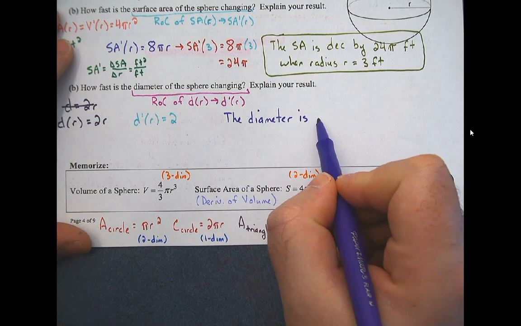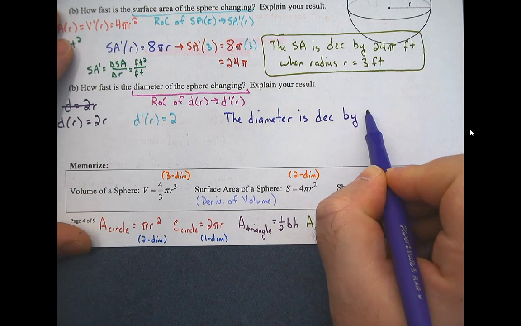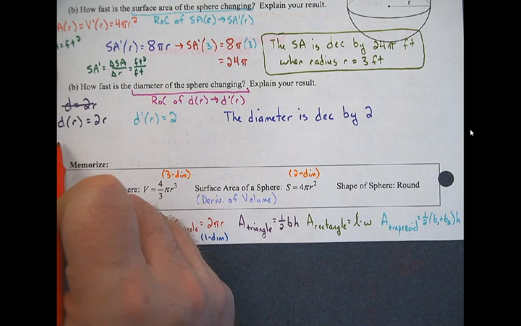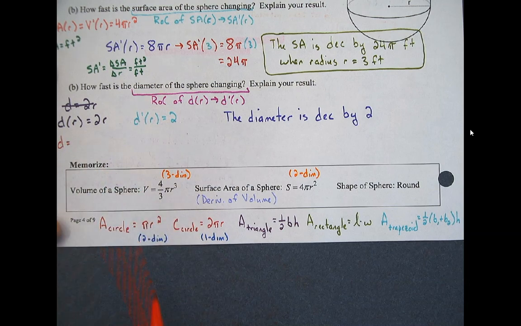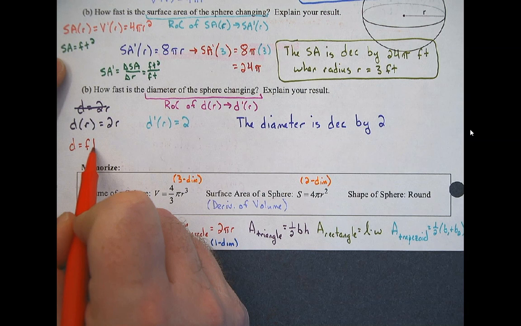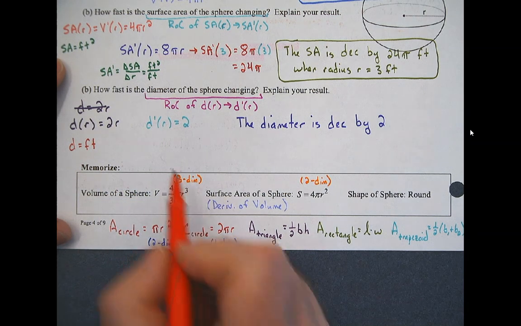The diameter is decreasing by 2, so let's talk units. So I'm going to go back over here and think through the units. What would be the units for diameter? What is diameter measured in? Diameter is just a one-dimensional distance, so length. That would be feet.